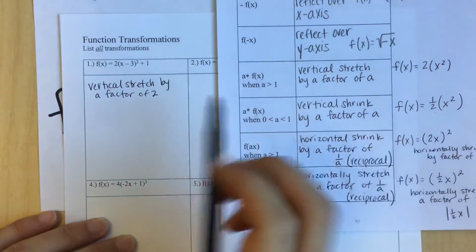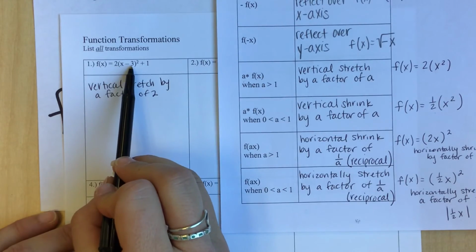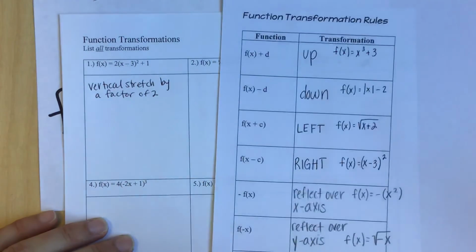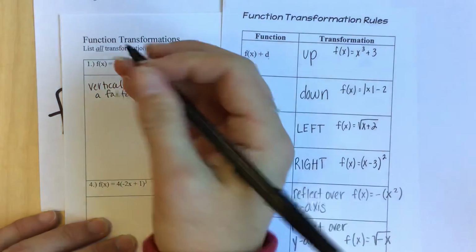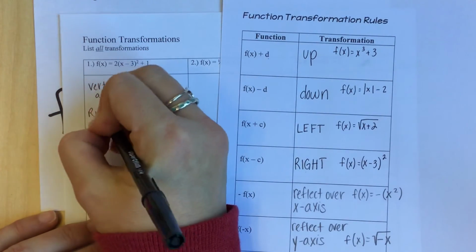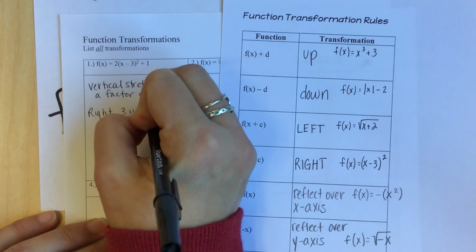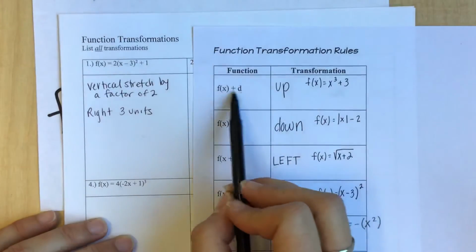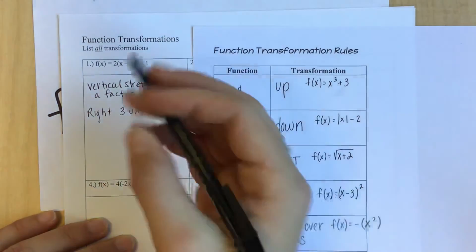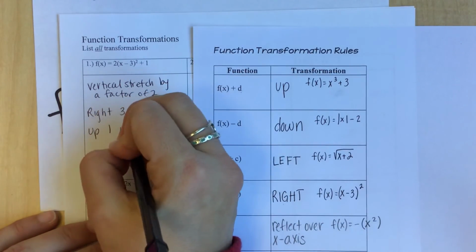And then we have a -3 here. The -3 is inside the function, minus, so that means I'm moving right. So right 3 units. And then our last thing here is a +1. We're adding, so we're moving up. So that would be up 1 unit.